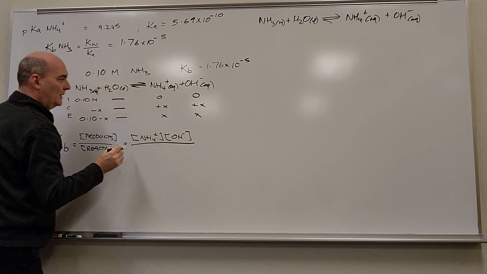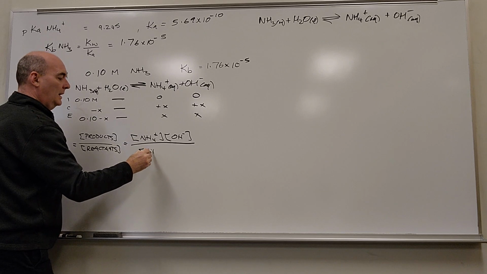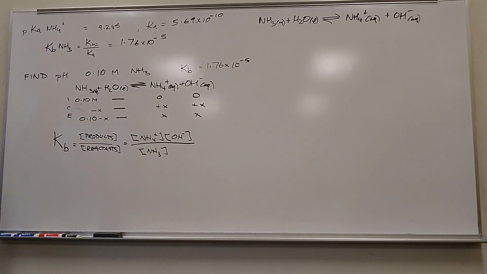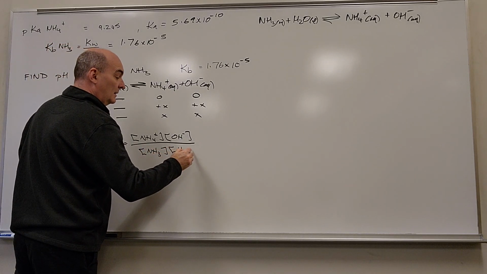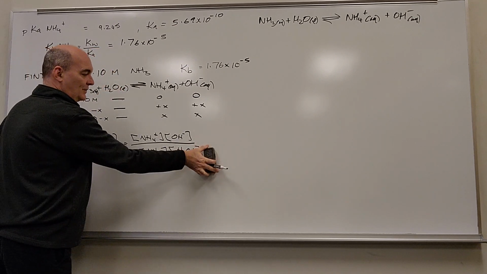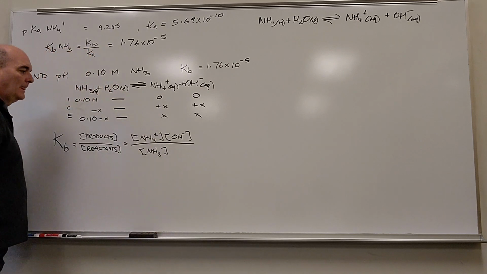It's called ammonium. And then NH3. If I put the H2O in, I then realize, hold on a minute, that's a liquid. It doesn't have a concentration. It's not part of the solution. Let's just take that out. Okay.